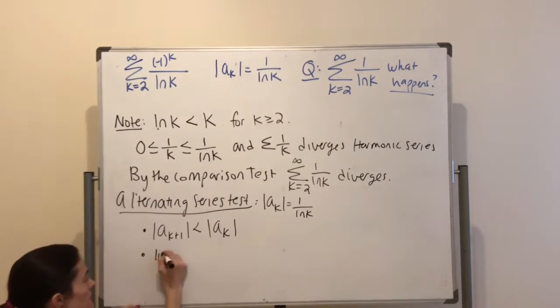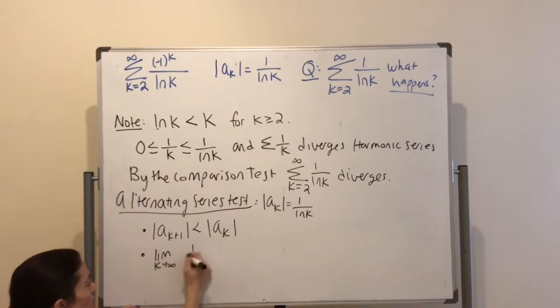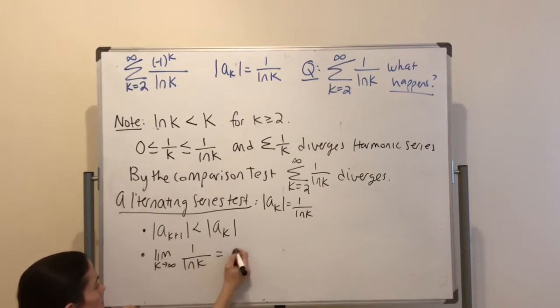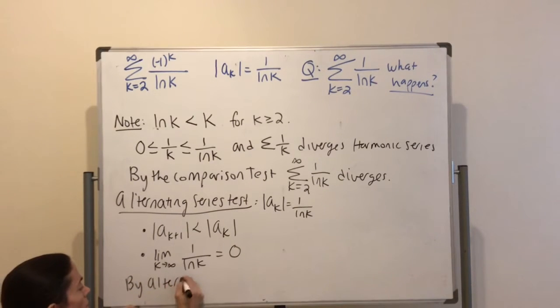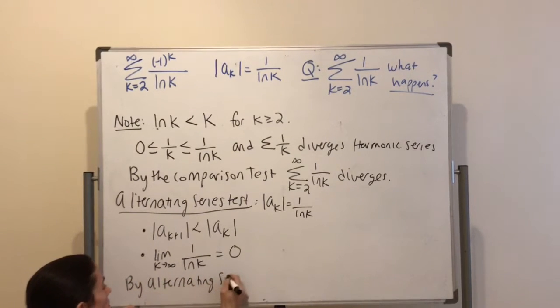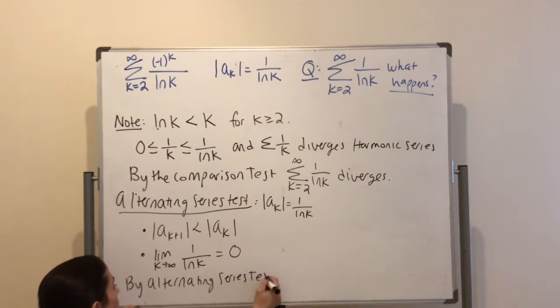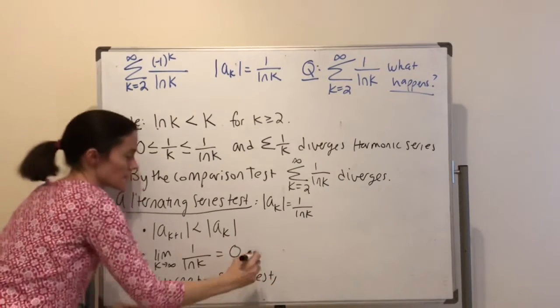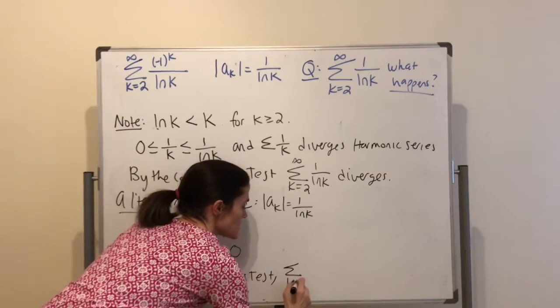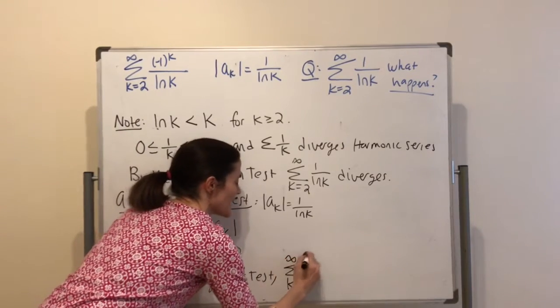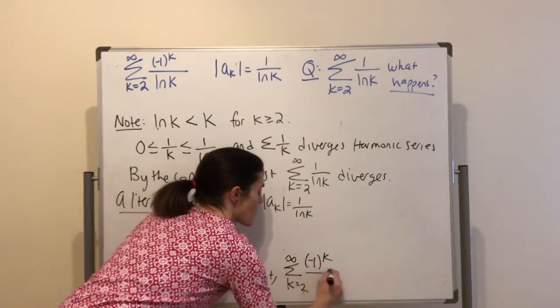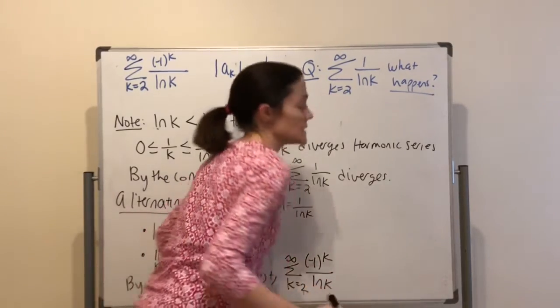And then the limit as k goes to infinity of 1 over ln k is 0. Okay, so by the alternating series test, my original series, k equals 2 to infinity of minus 1 to the k over ln k, converges.